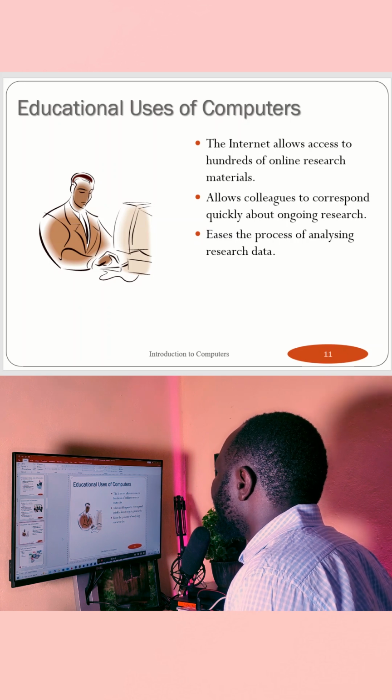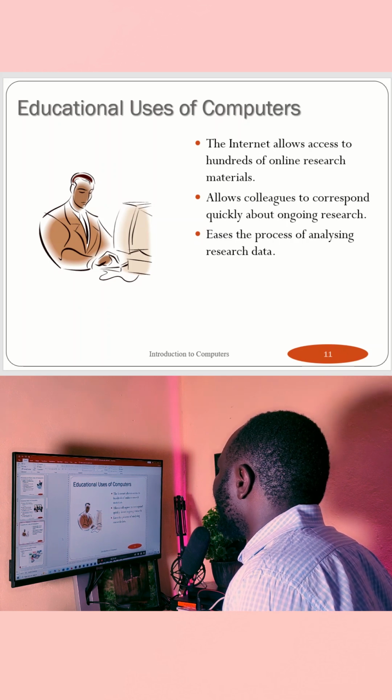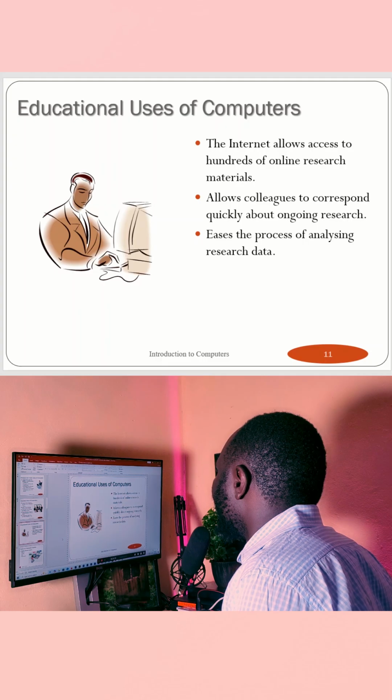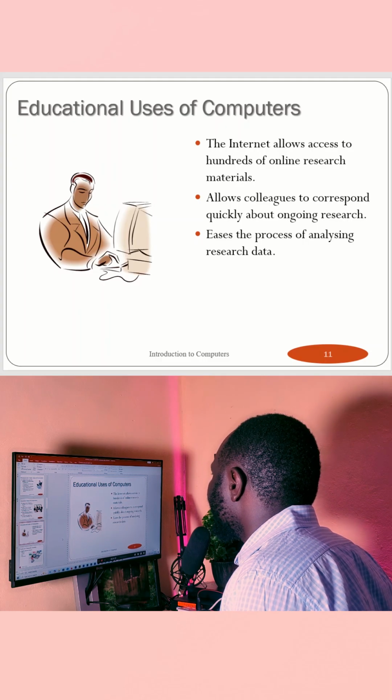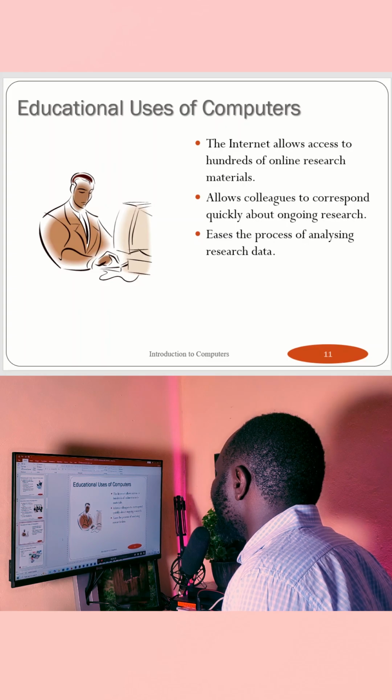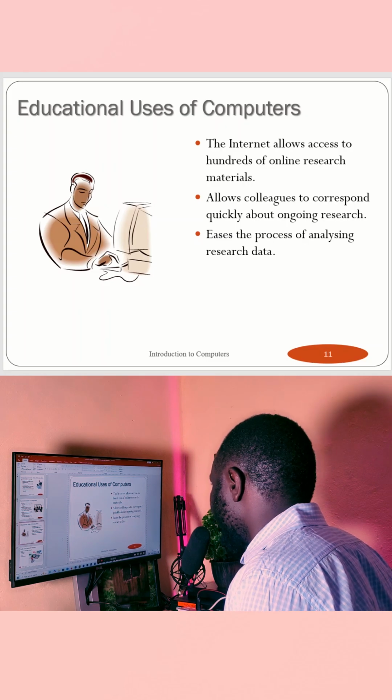Then in education, of course, the internet allows access to hundreds and thousands of online resources or research materials. It allows colleagues to correspond quickly about ongoing research and eases the process of analyzing research data.